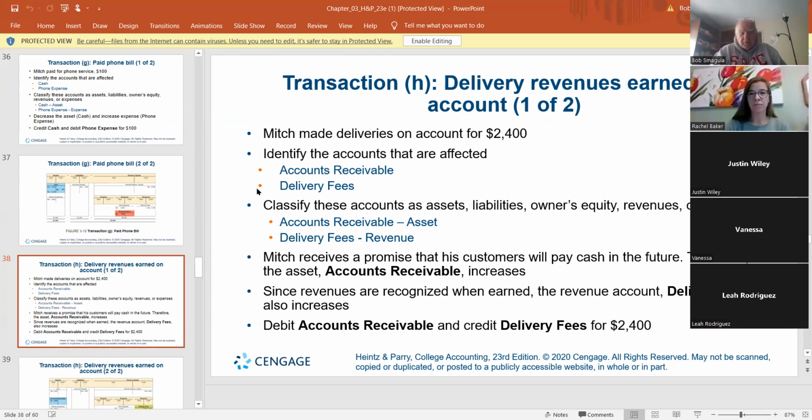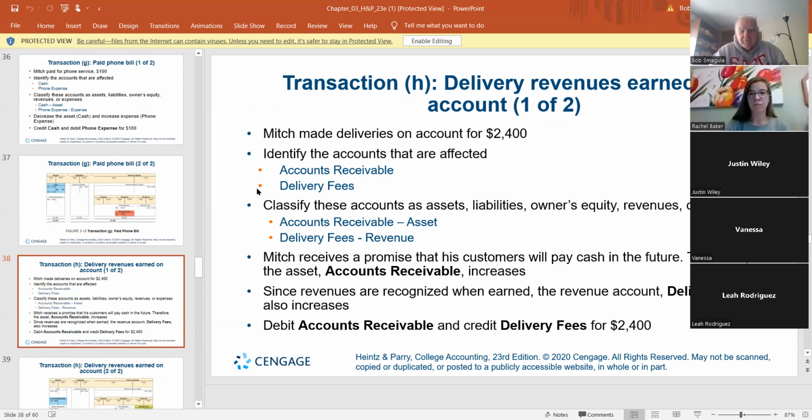So we know we earned revenues. That's what we do for a living. We deliver things, and we are going to get paid later. So it's accounts receivable. We're the ones to be paid. Don't go too fast when you see on account. Make sure you're clear whether it's accounts receivable, we're getting the money eventually, or we're paying it later, accounts payable.